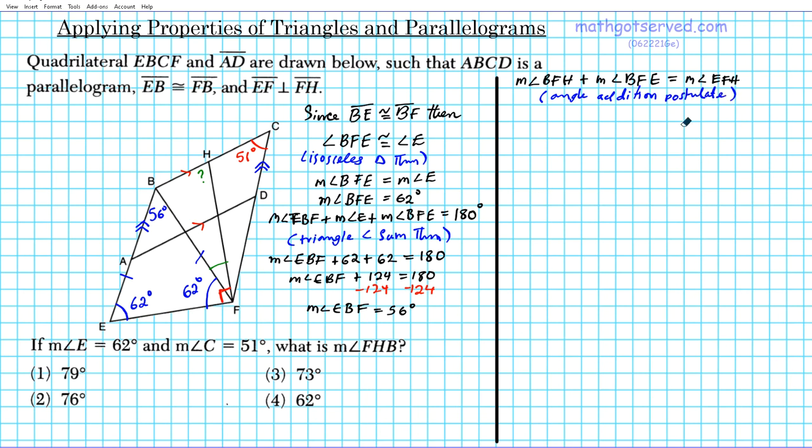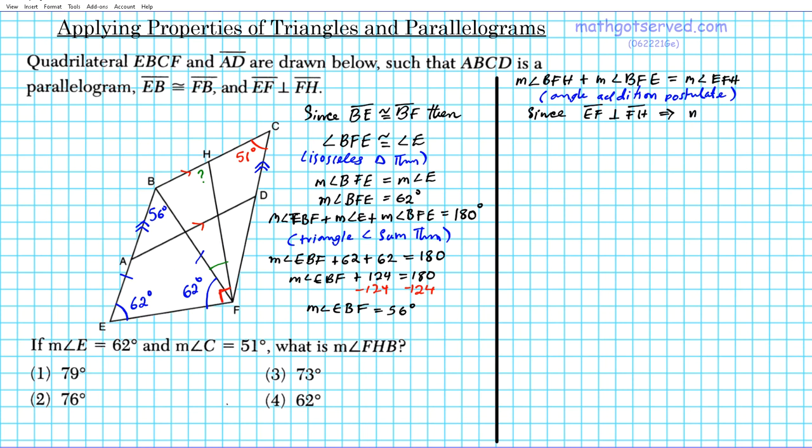We know two of these measures, so we can find the third one, right? Since we're told that segment EF is perpendicular to segment FH, it automatically follows that this angle EFH is 90 degrees.